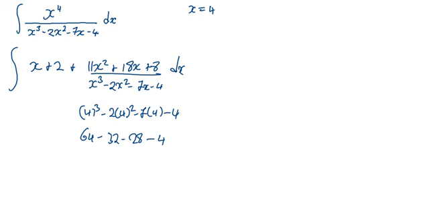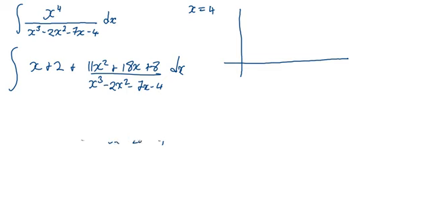So to find the rest, to simplify our work here, we can use synthetic division. The coefficients that we have for this function are 1, negative 2, negative 7, and negative 4 as a constant.